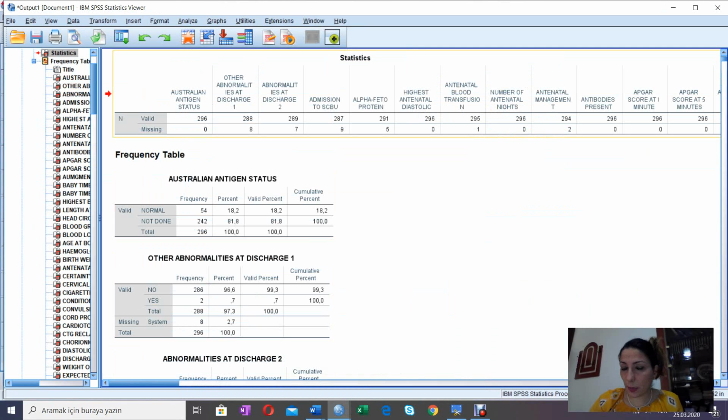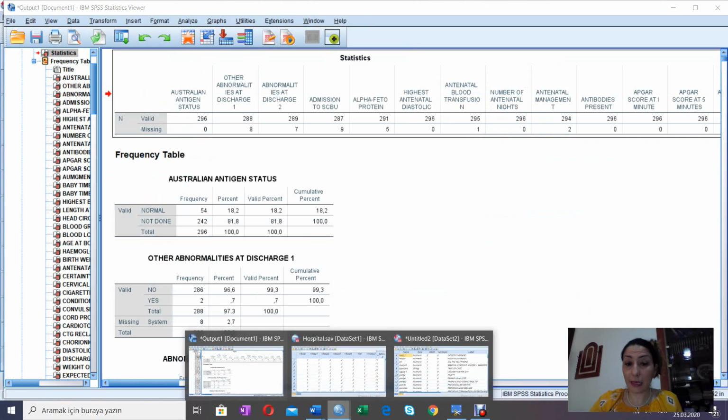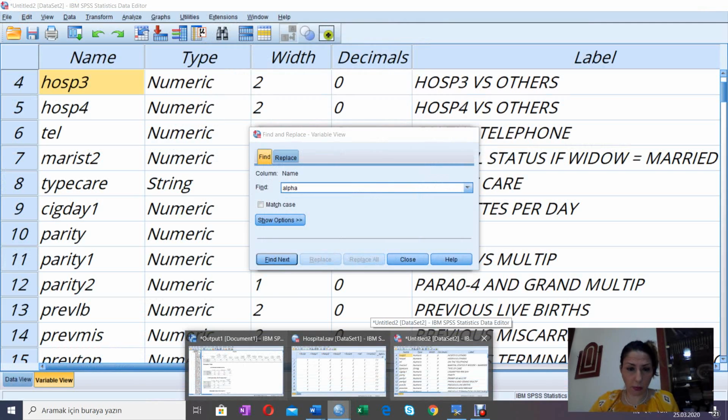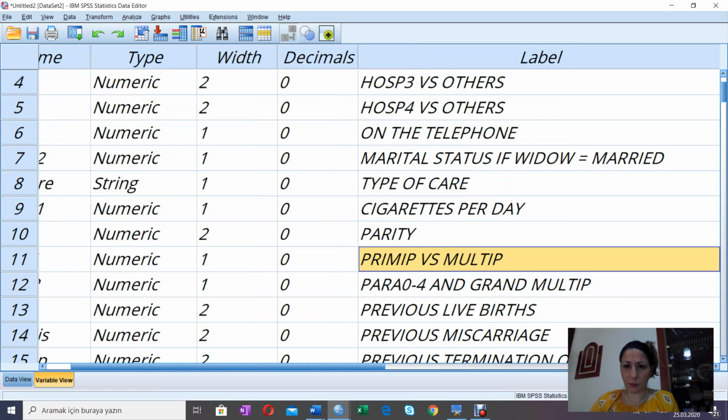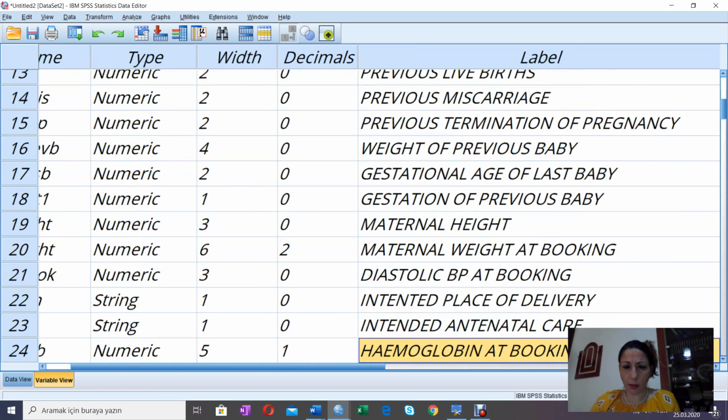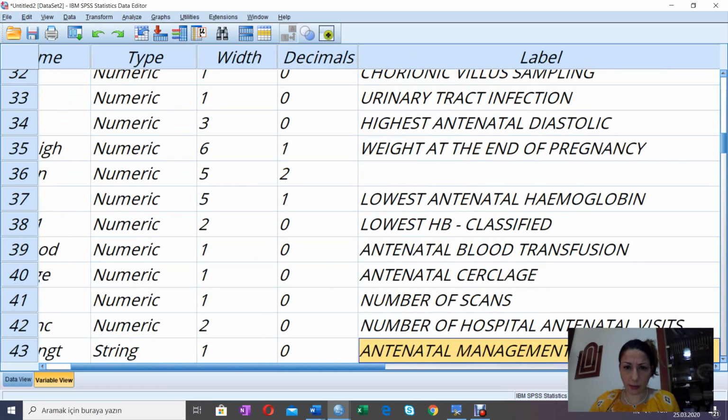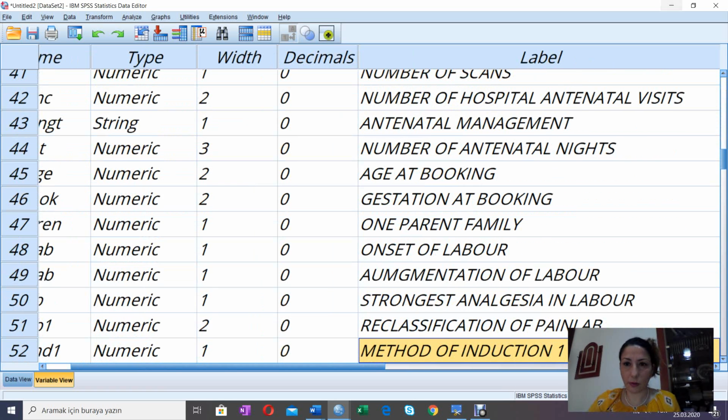These are the labels, by the way, and they can have different names. So I come to here. For alpha fetoprotein, I'm going to search from here because the name is written. I have many variables.